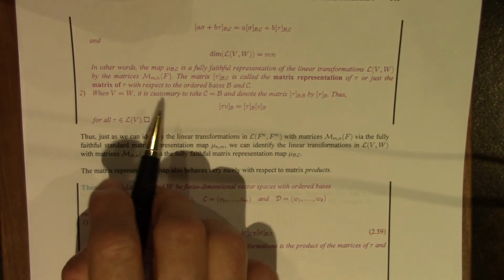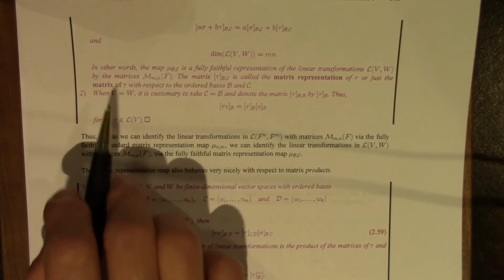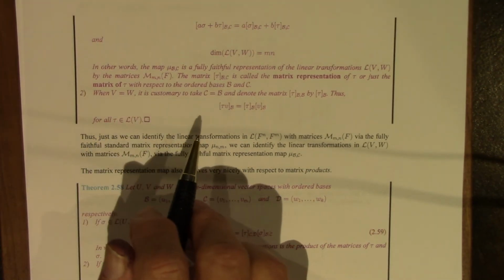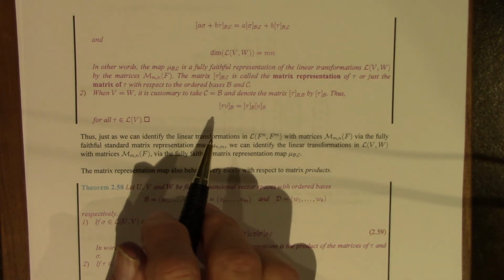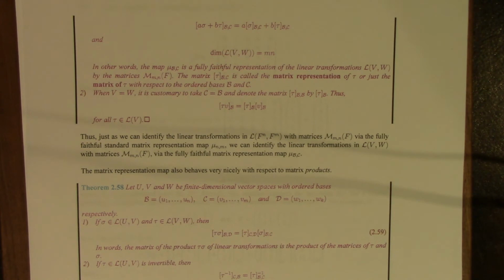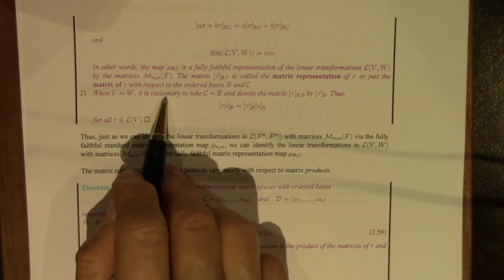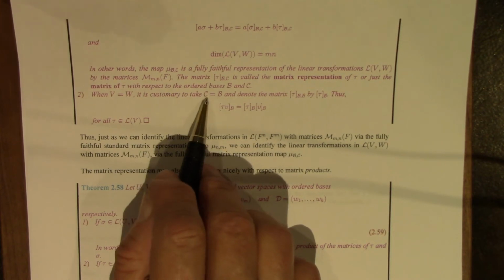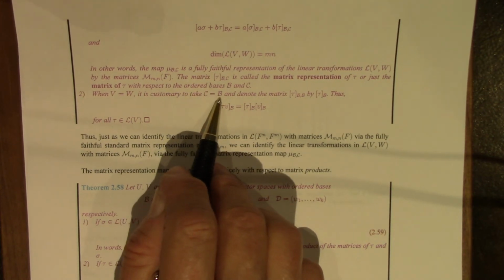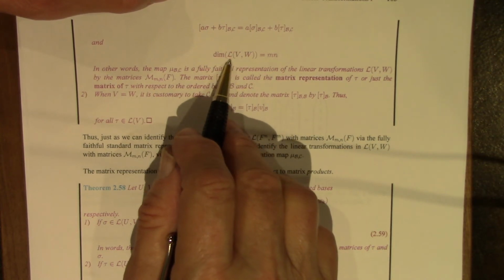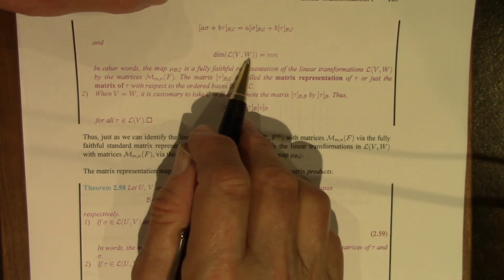Okay. Now, here's a very important point. When V equals W, when we're dealing with linear operators on V, it is, shall we say, customary to use the same basis, set C equal to B. Now W is V, so we're dealing with linear maps from V to itself.